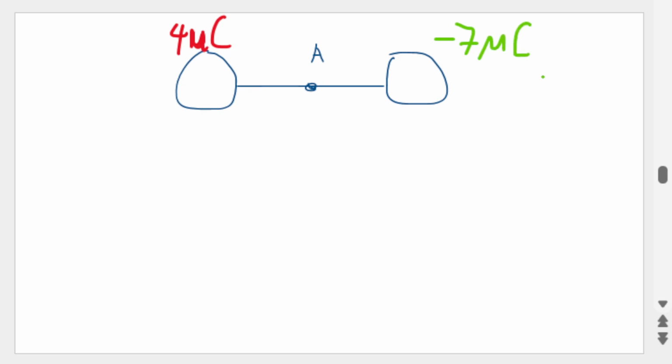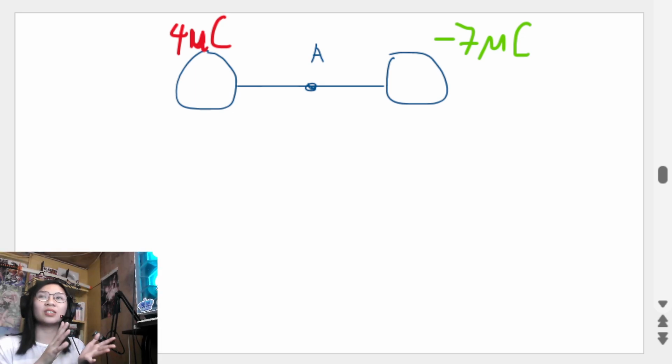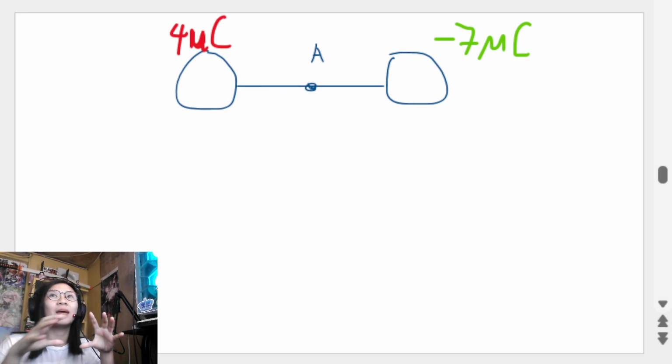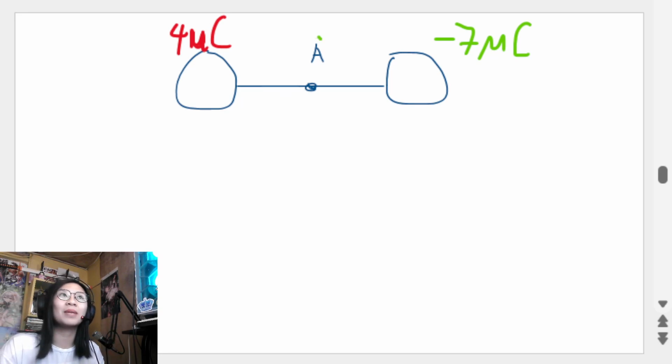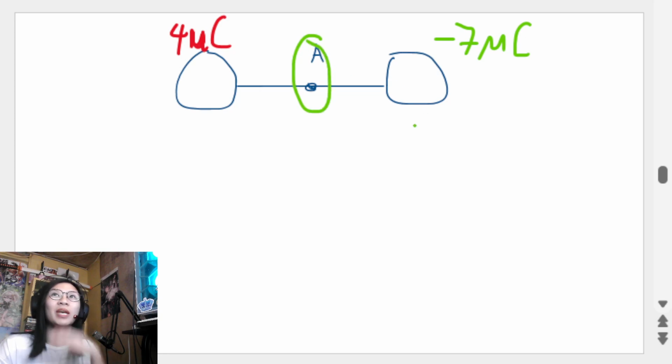Okay, so we actually need to find the individual potentials first before we can add them. Because at point A, they both contribute to the potential that A experiences. So therefore, we add them, since A is our perspective or frame of reference.